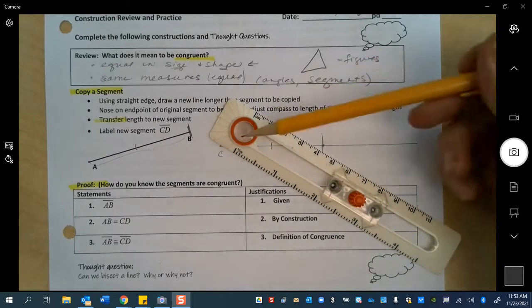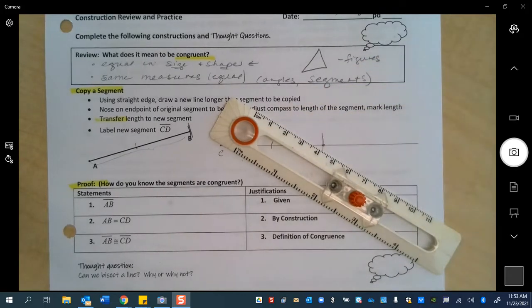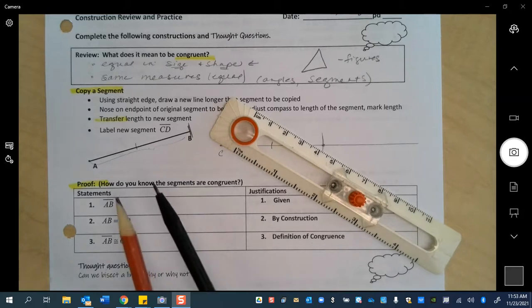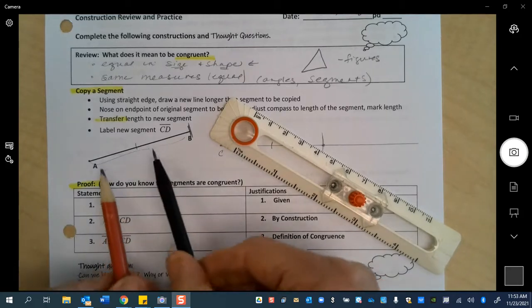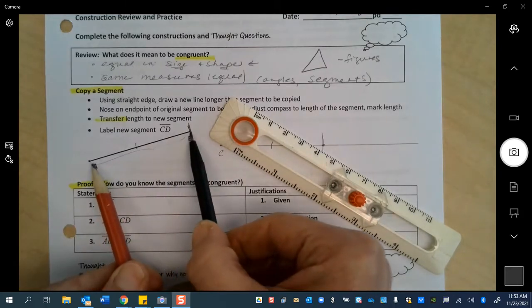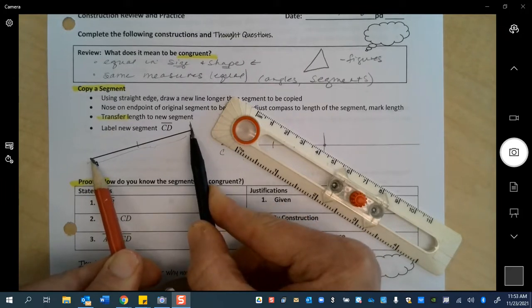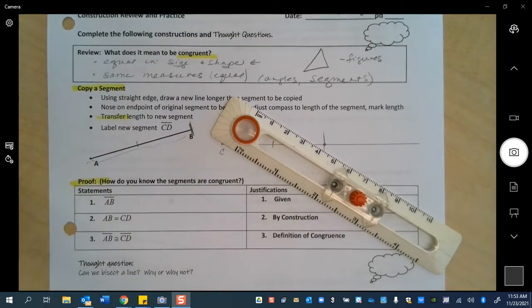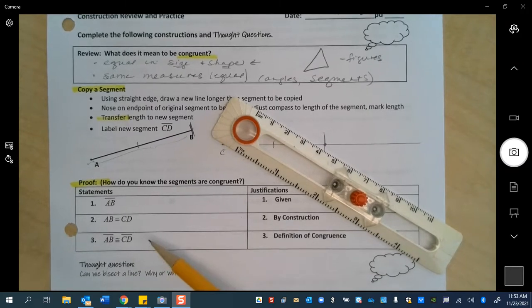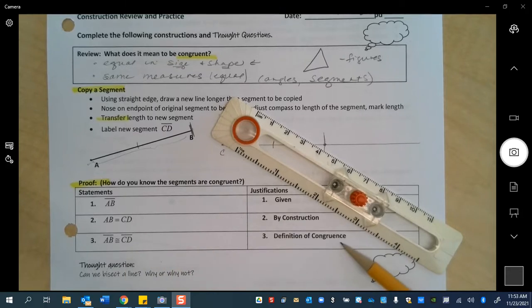I locked that distance into this space. Now, if you're using one of these compasses, then that distance is also locked into this space here. And that's by construction. Therefore, I can guarantee that these two are congruent because of the definition of congruence.